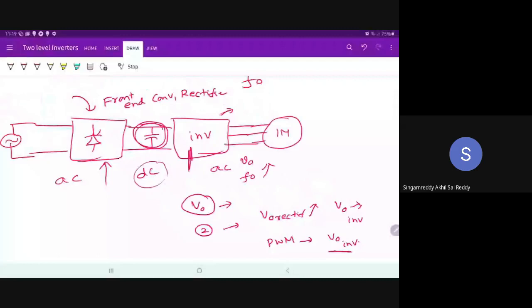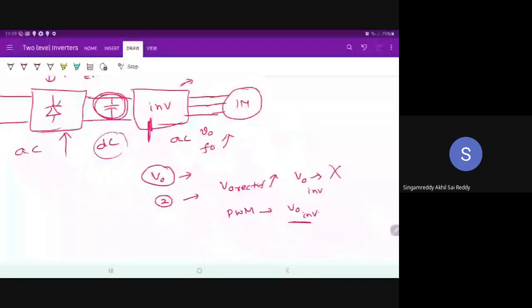Generally the first method is not preferred, because you have to rely on an external circuit. So the only adopted method is pulse width modulation.